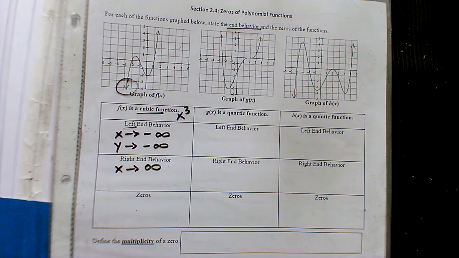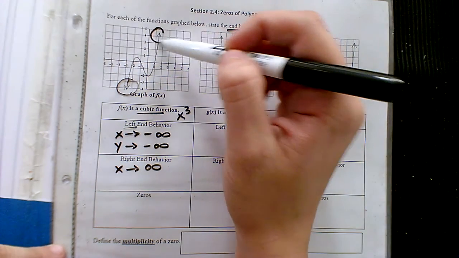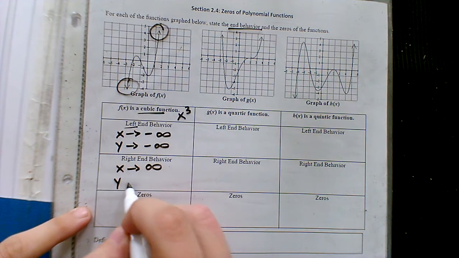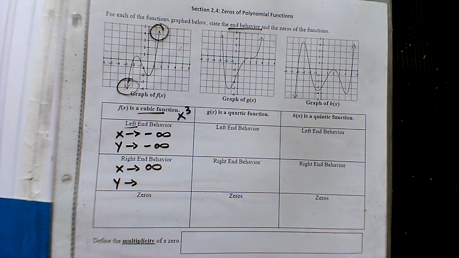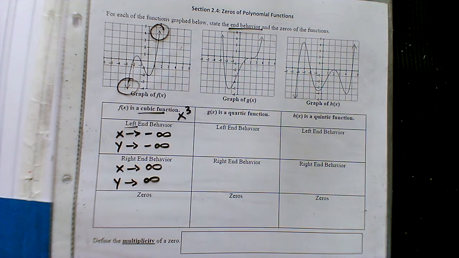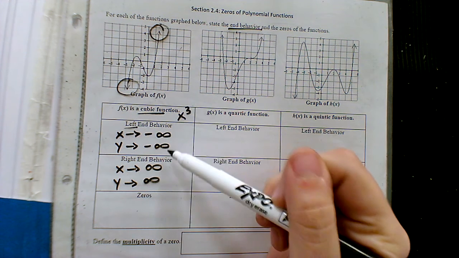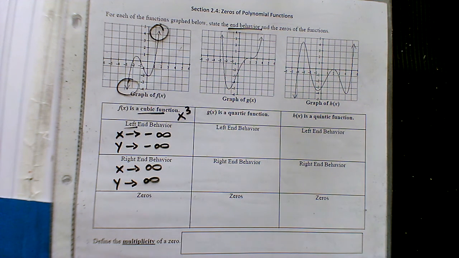And for this particular graph, notice how the right-hand side would be going up forever. So what are the y's approaching? Positive infinity. Now, if you just take a look at this first example, I do not want you to make the assumption that they're always going to be the same sign. It just happens to be that way for this example.